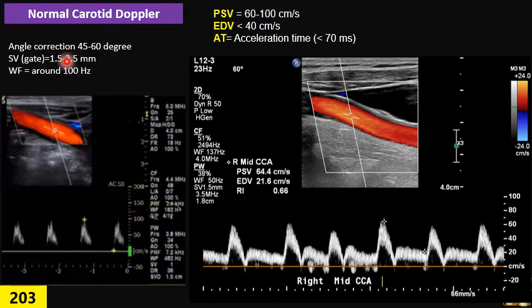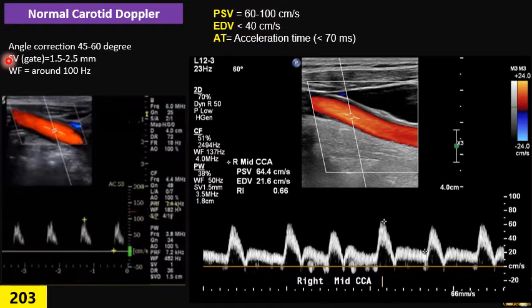If the previous study was done at 45 degrees, this time and next time should also be 45 degrees, or vice versa. If it was 60 this time, we have to do the same with 60 degrees. The best angle differs among centers, but anything between 45 and 60 will be accurate. To keep it uniform, it is better to always use one of them, 45 or 60 degrees, so that we don't have too much variance in the baseline.